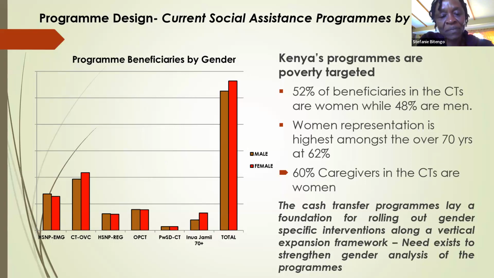So what we are saying, in an aspiration of moving towards a much more engendered social protection intervention, is that these cash transfer programs already provide a platform for us to roll out gender-specific interventions, either in terms of vertical expansion or horizontal expansion. Particularly for these ones, because these are already ongoing programs, it is possible that we can layer some gender-responsive interventions along these programs. So that is an opportunity for us as a country to roll out gender-sensitive programs.